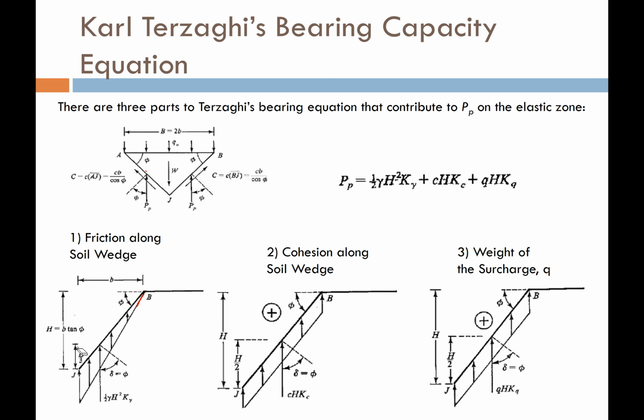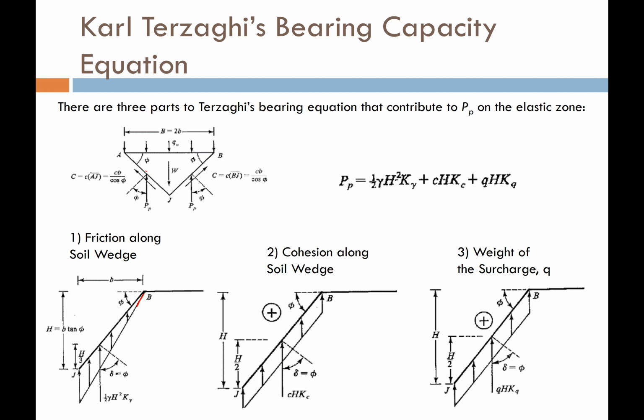And in order to get the correct direction, it's not a horizontal lateral earth pressure, and it's not a vertical earth pressure. We have a new K that we use to compute the earth pressure along this angle of our elastic zone beneath our footing.